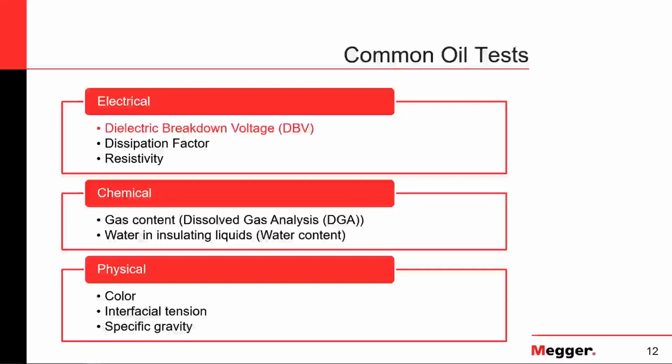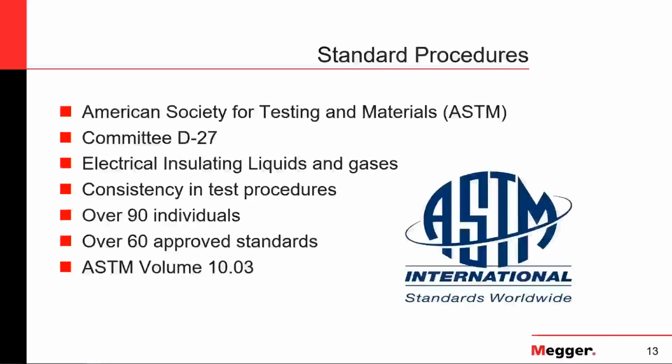In the physical section, we have color, interfacial tension, and specific gravity. And like I said, this is not a full list. The IEEE standard that I just mentioned includes a full list of recommended tests for the three categories: electrical, chemical, and physical.